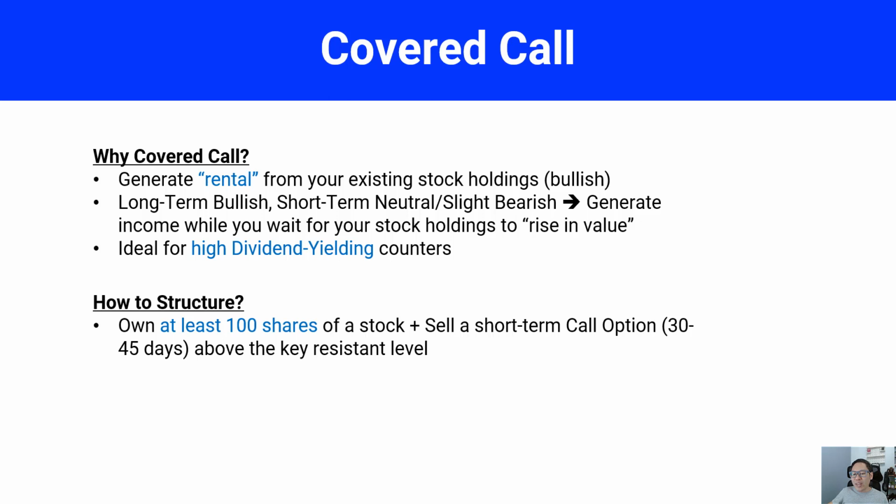First, you need to own at least 100 shares of the underlying. After you own 100 shares of that underlying, you can then proceed to sell a short-term call option, say around 30 to 45 days of expiration, slightly above the key resistance level that you have identified.